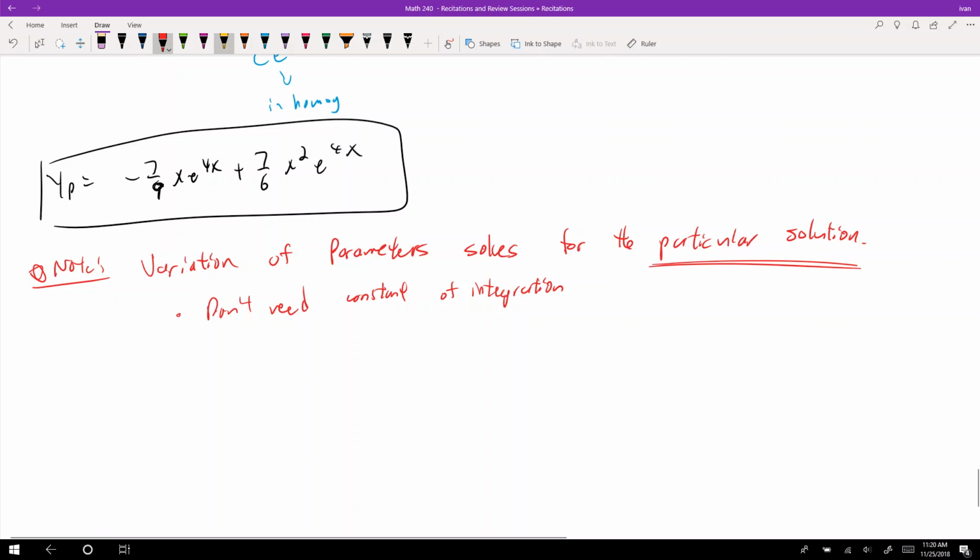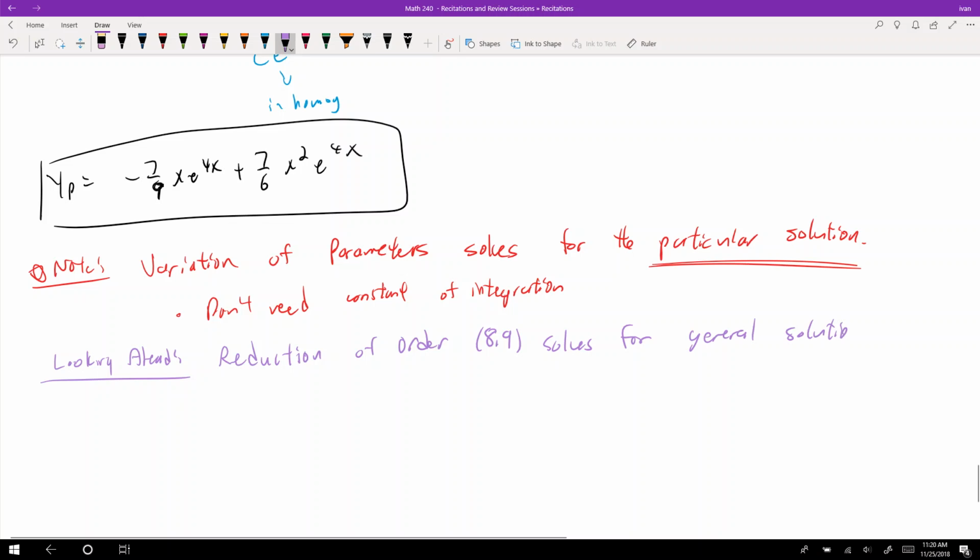However, just looking ahead, we're going to be introducing this method called reduction of order, which is section 8.9, and reduction of order solves for the general solution. It solves for particular plus the homogeneous.